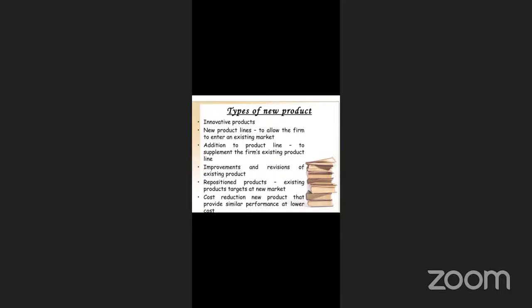So if we talk about product development, it actually takes 6 stages. Under the 6 stages, the product will be developed. Product development describes the 6 steps needed to take the product from initial concept to final market launch. Before introducing the product into the market, it has to identify a market need.